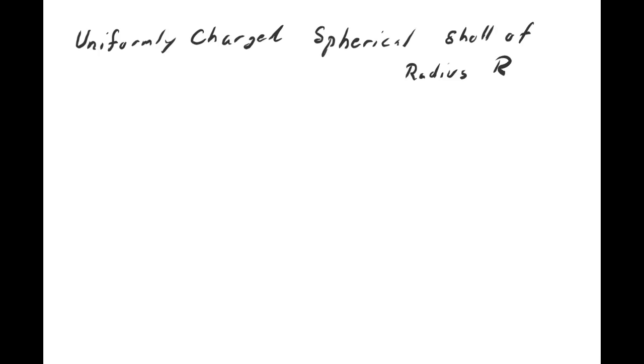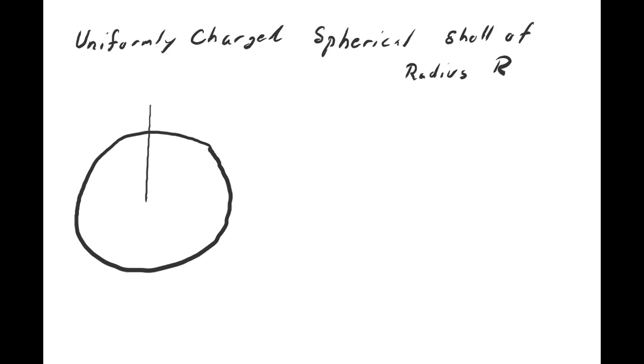So we have done this problem before. We're just going to revisit it. So there's my shell. It would stand to reason that this is a problem I want to solve in spherical polar coordinates. That would be a reasonable assumption.